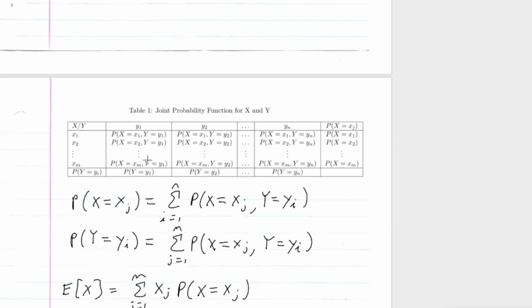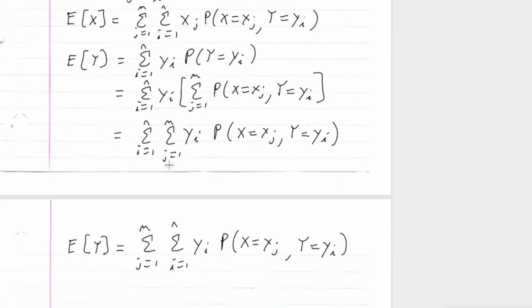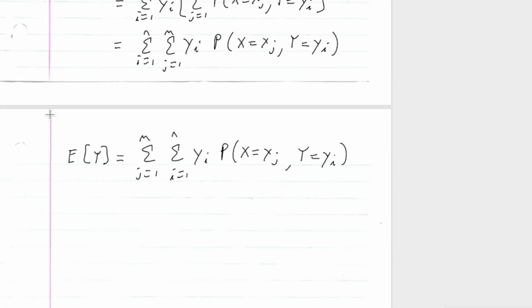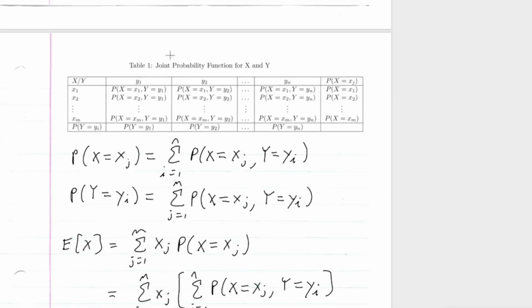So this is my expected value of X right here, and this would be my expected value of Y if we're dealing with a joint probability function.